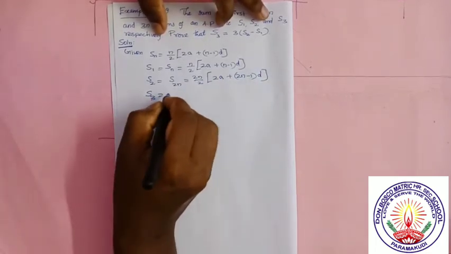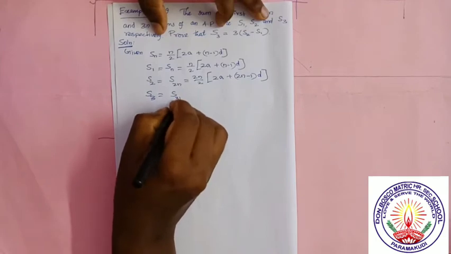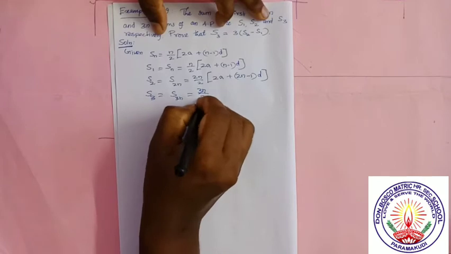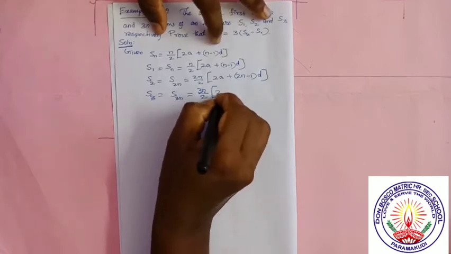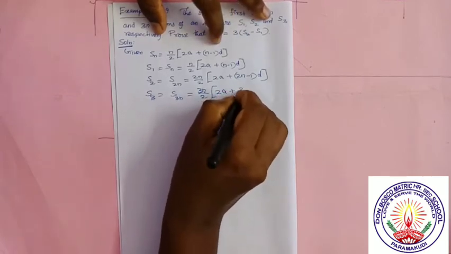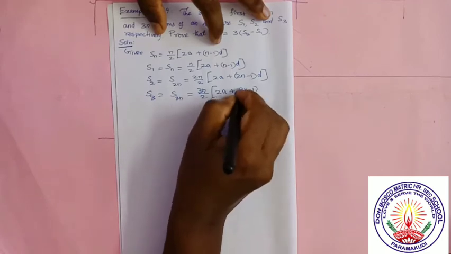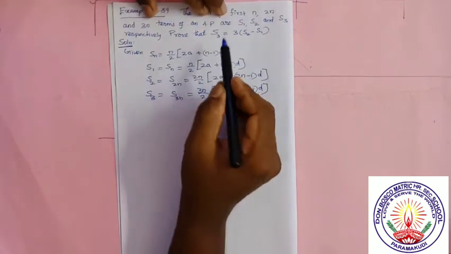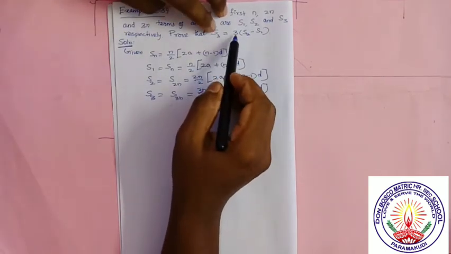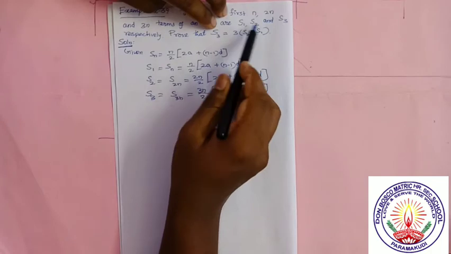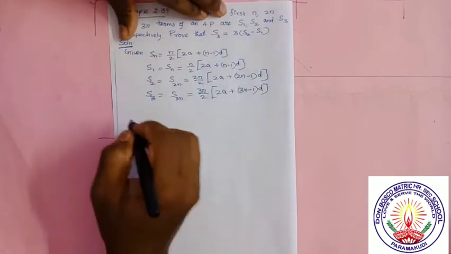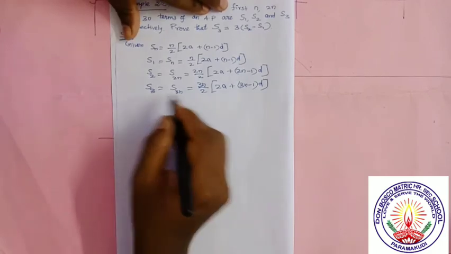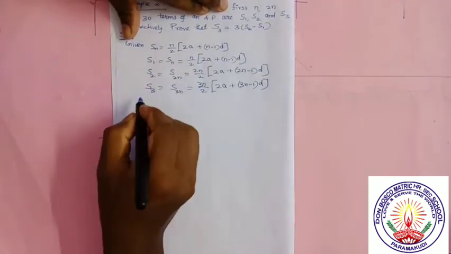S3 is equal to the sum of the first 3n terms, which is equal to 3n by 2 into (2a plus (3n minus 1) into d). Now what we have to prove? S3 equal to 3 times (S2 minus S1). The complicated part is the right hand side. So let us take the right hand side, or we can find S2 minus S1 first, then we can multiply by 3.